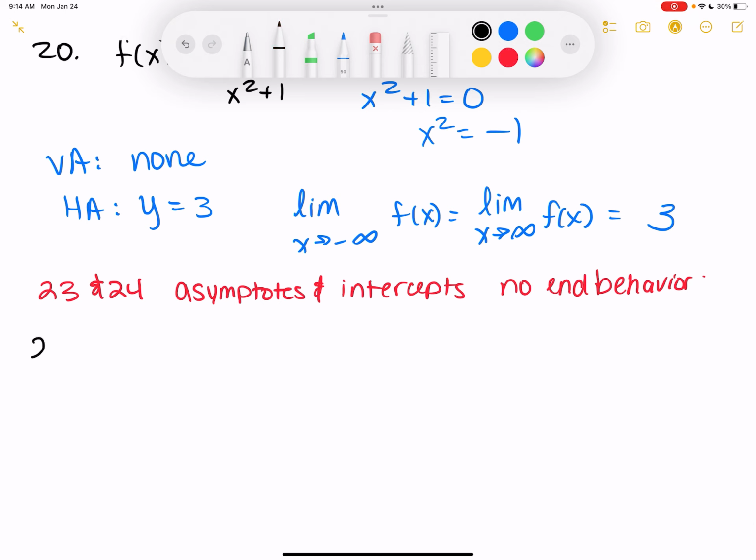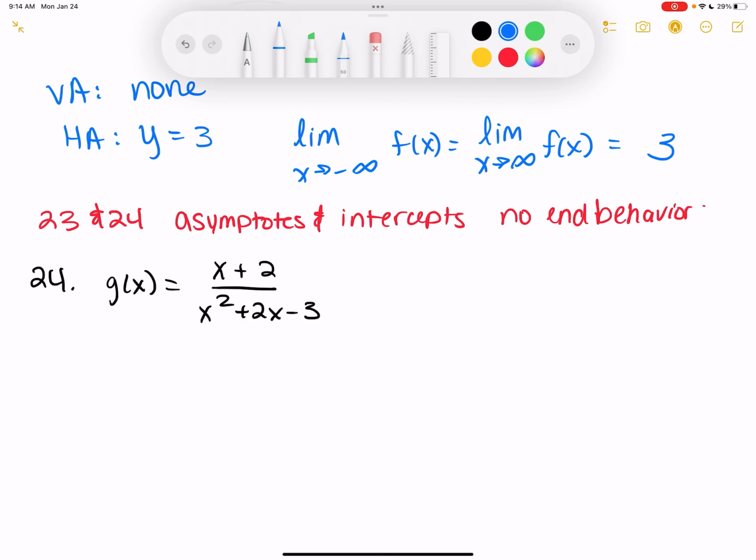So 24, g of x is equal to x plus 2 over x squared plus 2x minus 3. So vertical asymptotes. Set the denominator equal to 0. Is this factorable? If so, then what is it?